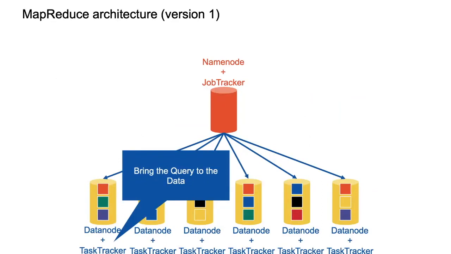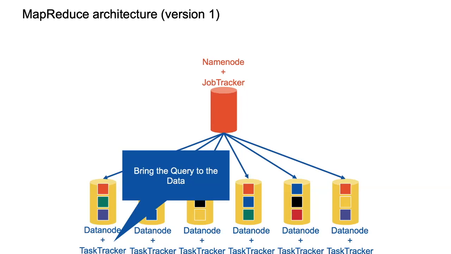The architecture of MapReduce, again, this is big data, so you don't need to understand much, but basically the idea is that we have some sort of distributed file system that everybody can read from and write to. And the trick is that it's called bringing the query to the data. We make sure that the computations are done exactly where the data is.